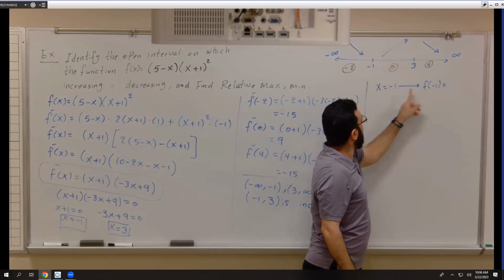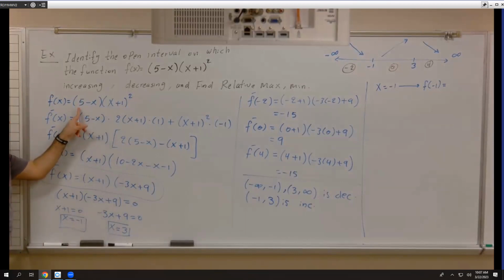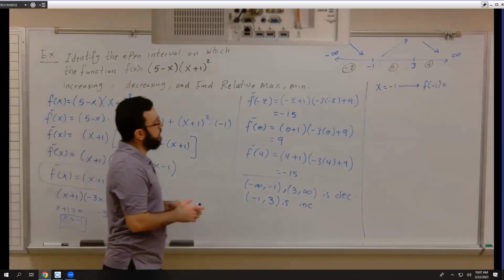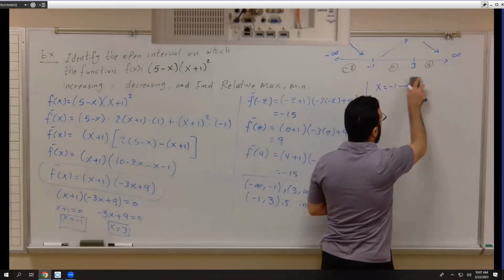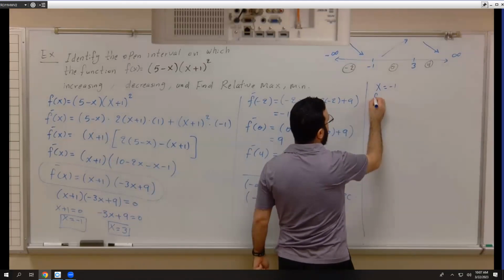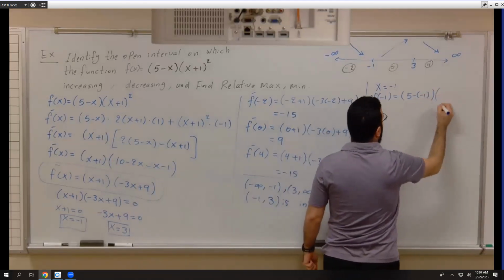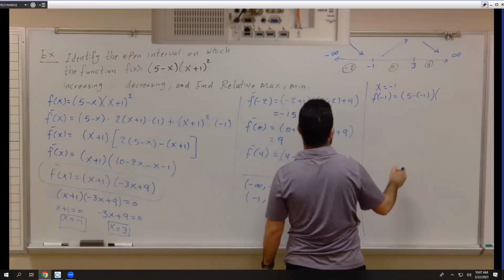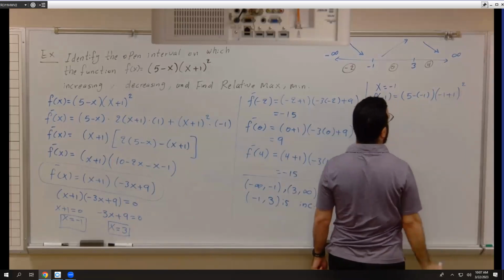You go back and plug into the original function. So f of negative 1 is 5 minus negative 1, which is 6, times negative 1 plus 1 squared.